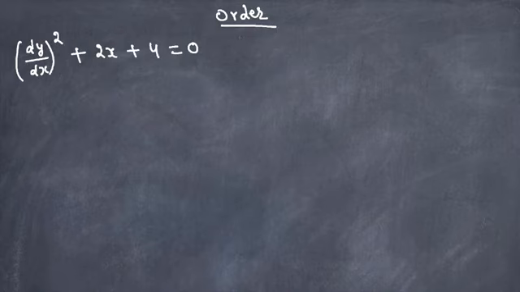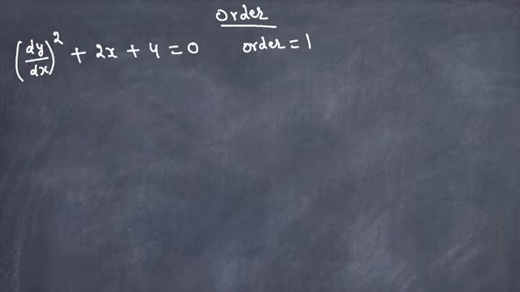By definition, the order of a differential equation is the order of the highest differential coefficient. Or, in a simple way, if it's a first derivative, order is 1. If it's a second derivative, order is 2.